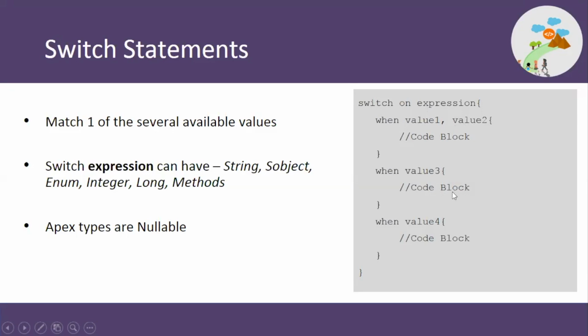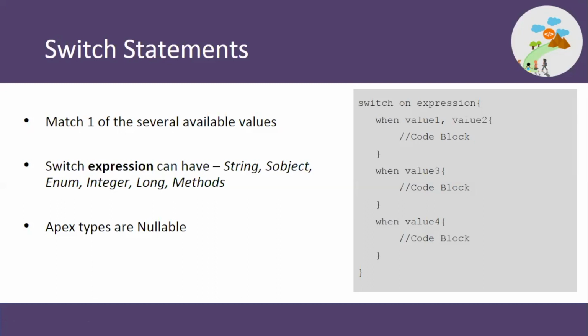Okay. Now there's a very special piece to this, which I'm going to talk about in a few seconds. But like I said, there are operating boundaries in terms of the type of expression that I could use. If you take a step back, there were some data types that we talked about in our first session. There are some primitive data types that we could use as a part of the expression, as well as some complex data types, right?